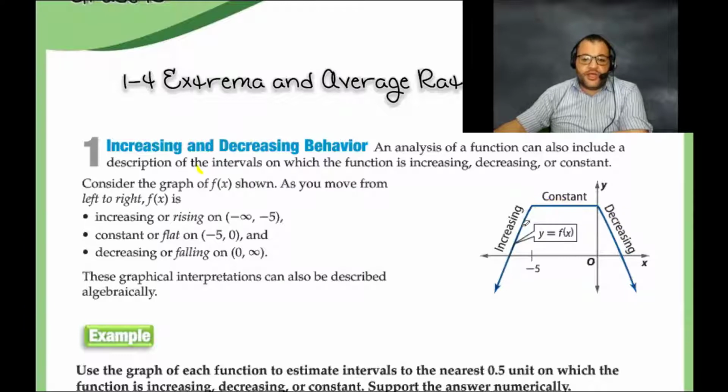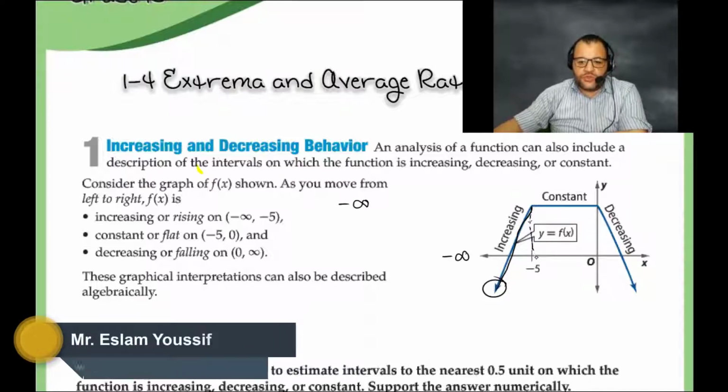So how can we read the increase and decrease for the function? At first, as we said, we start from the left. What do we have here from the left? We have an arrow, it means we are going to negative infinity. So we start from negative infinity, the first part, going from negative infinity to negative 5.